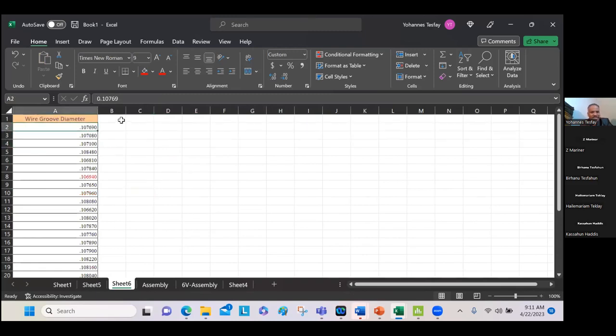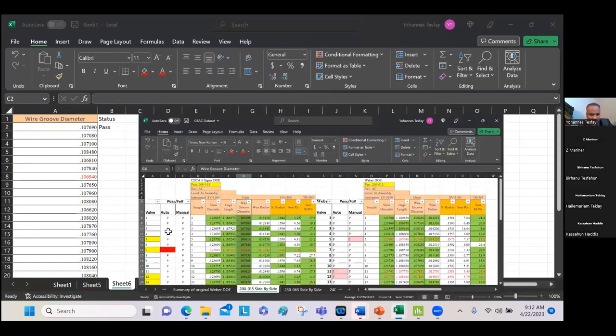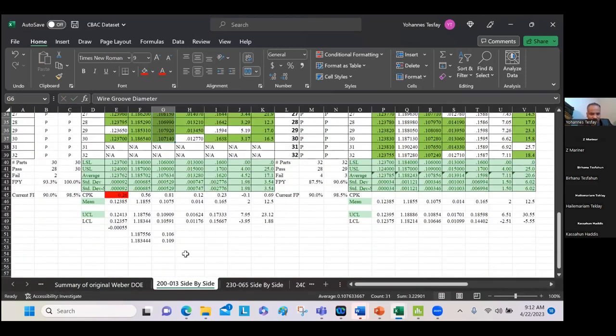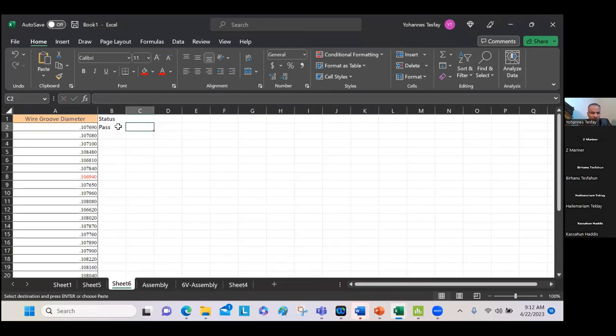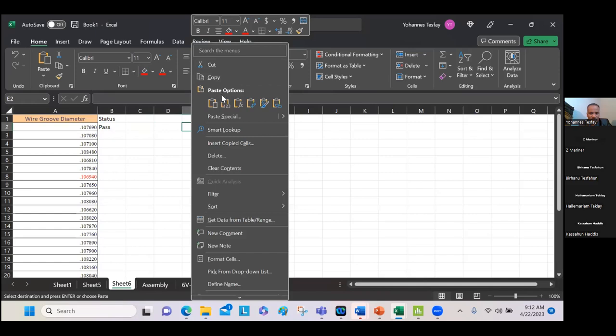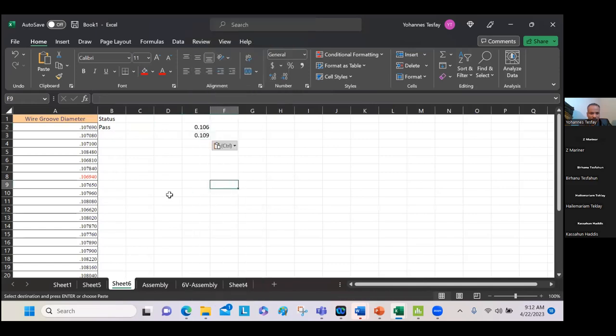So I'm okay. So what is the status of this? Status. What is the status of that? That's pass, isn't it? With the spec. This is okay. Paste just like this.